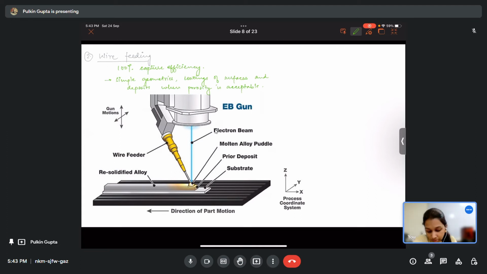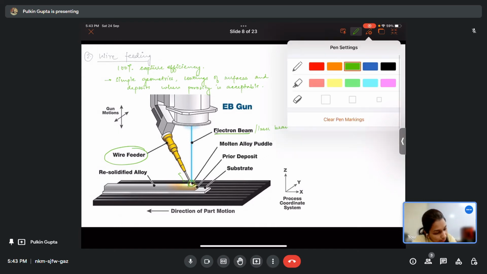Okay, so this is a typical wire feeding system where you have this electron beam, or you can have a laser beam instead of this. Then you have this wire feeder. It feeds the raw material in the form of wire. Then you have this molten metal. This is your molten part.